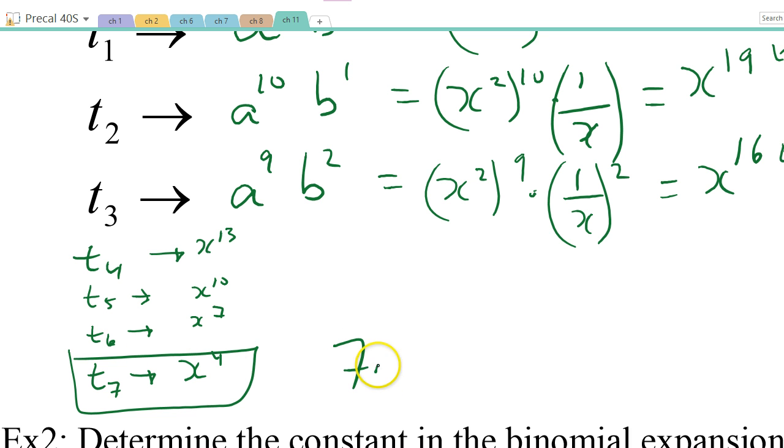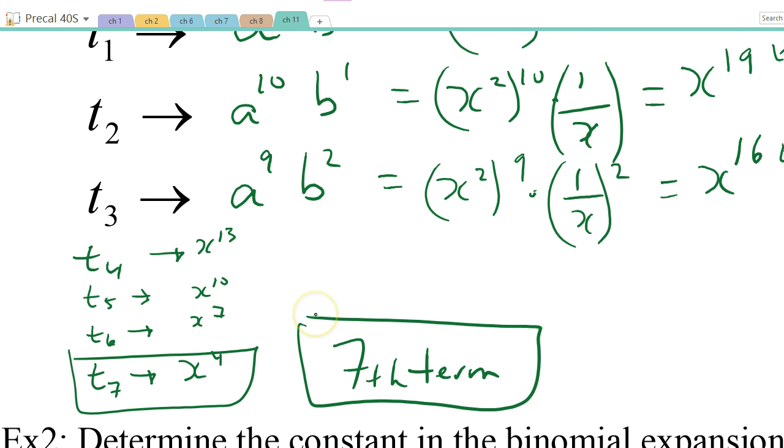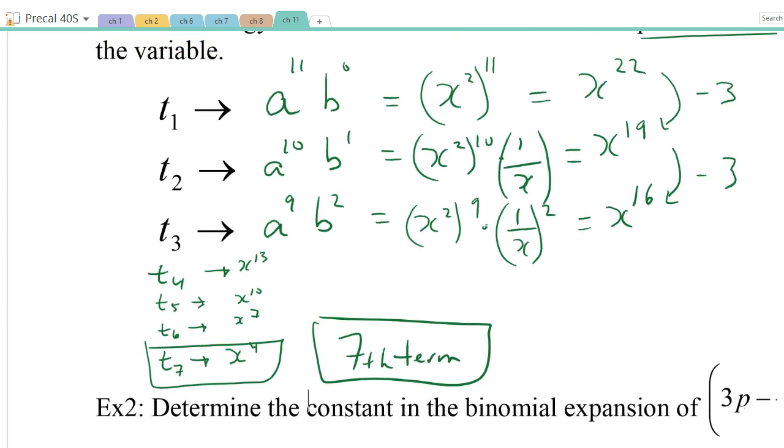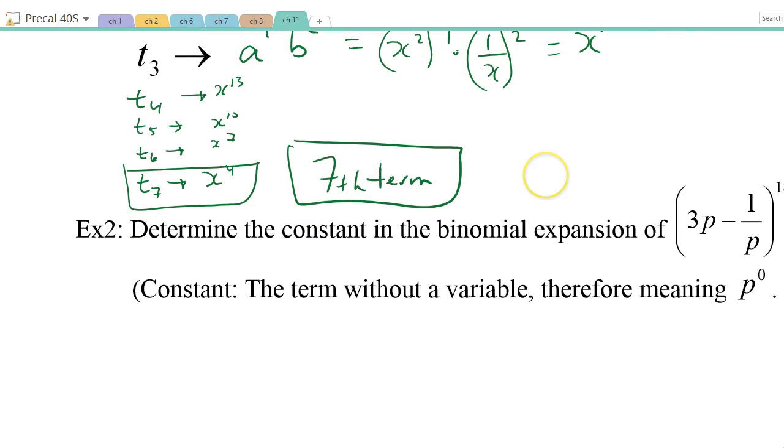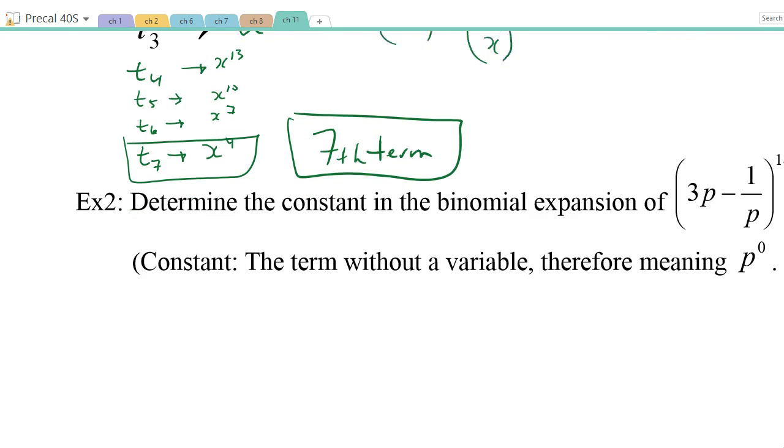So I would say the 7th term. Okay, so you see how this one is more about looking for a pattern and continuing the pattern. The previous way was much more algebraic in its nature. Both are perfectly acceptable.